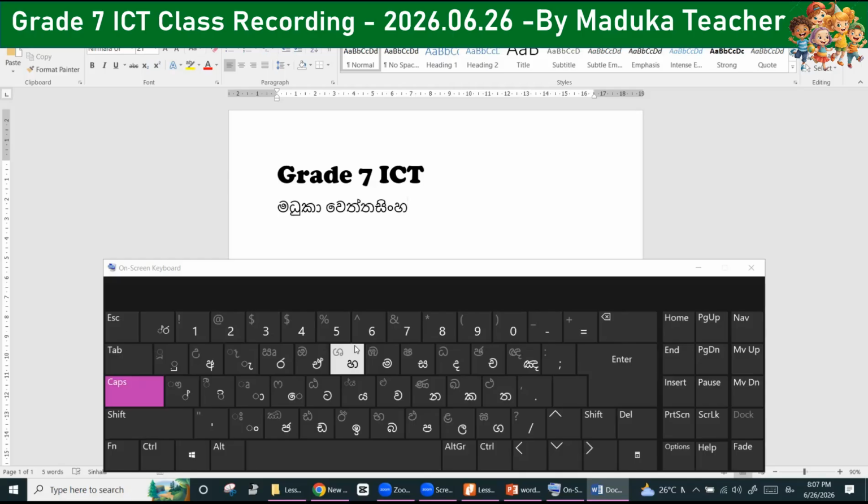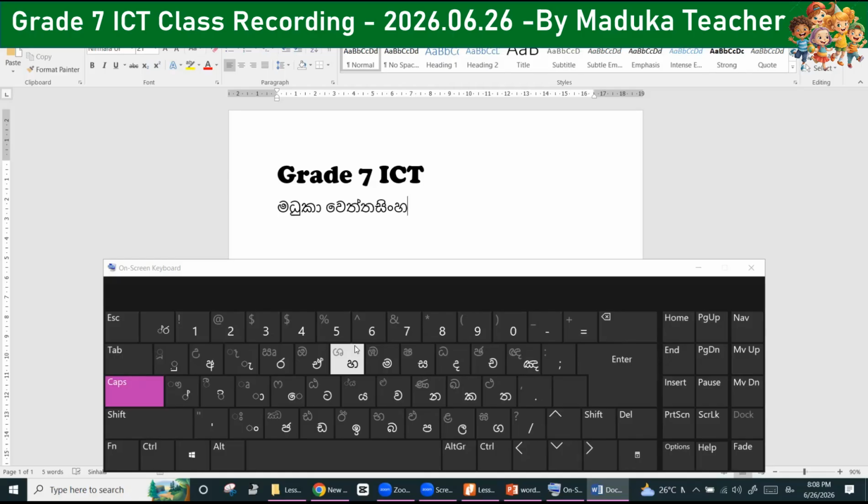If you have a computer, meaning any laptop, desktop or tab, you can try this method. You can search for on-screen keyboard, then you can see a keyboard on your screen, then you can type. In the next session, I'll teach you how to work with word processing software.